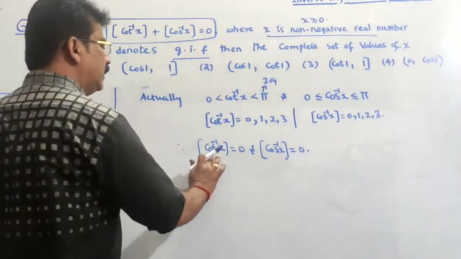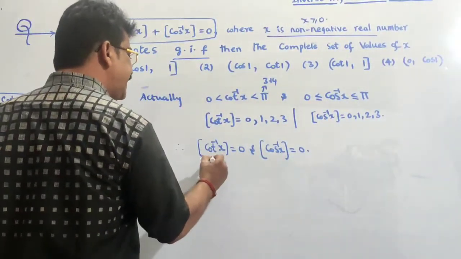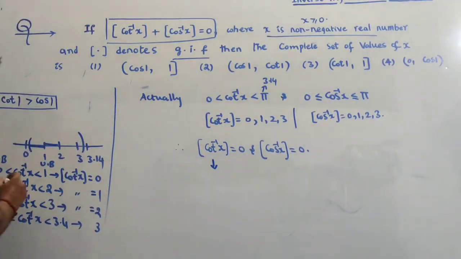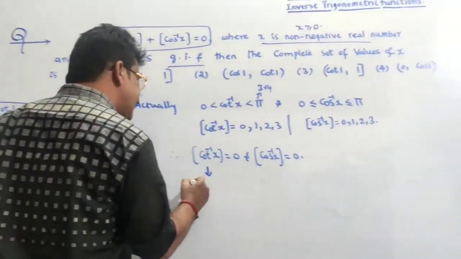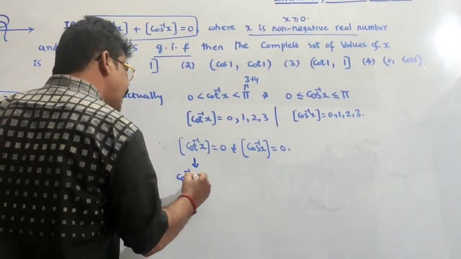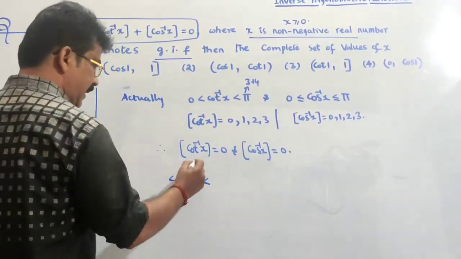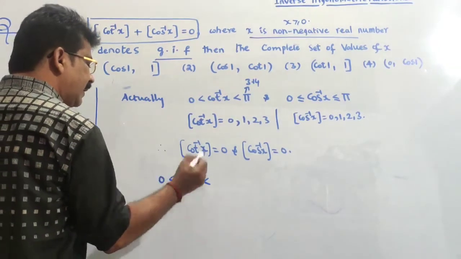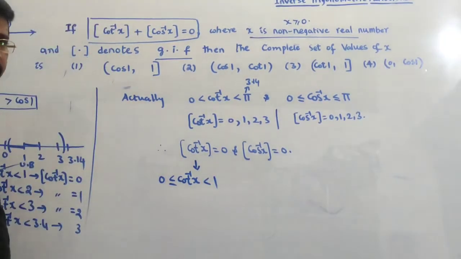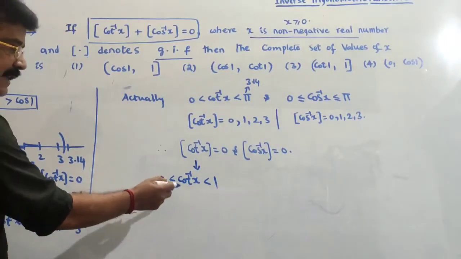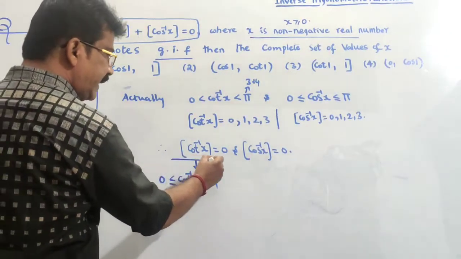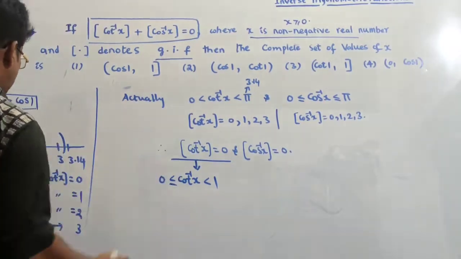Okay. Now, it is possibly already I said 0 to cot inverse x. So in this case, cot inverse x will be like that. In this case it is equal to 0. In this case also, box of cot inverse x is equal to 0.